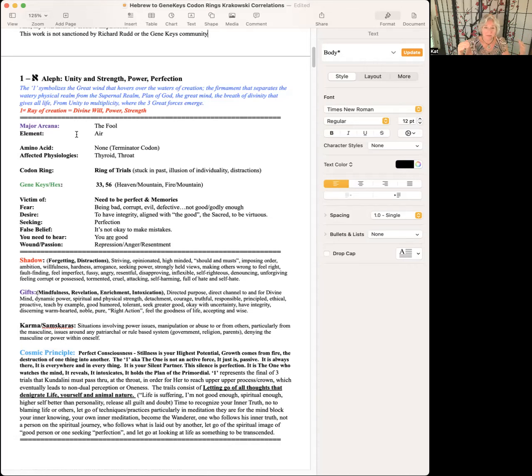You're going to find many different correlations out there. So if you already have major arcana linked to codon rings and it doesn't match what you see here, that's totally okay. There isn't one system of correlation. Okay, I hope I made sense. Anyway, that document is full.